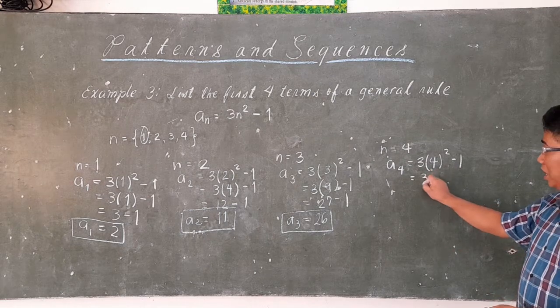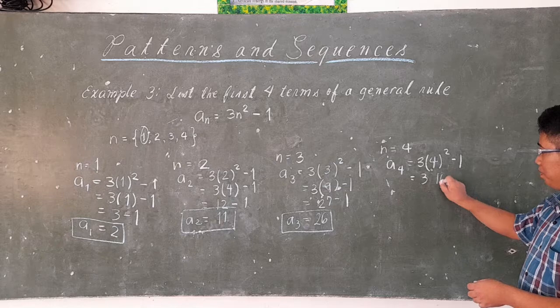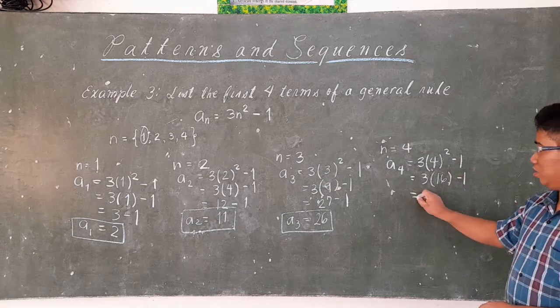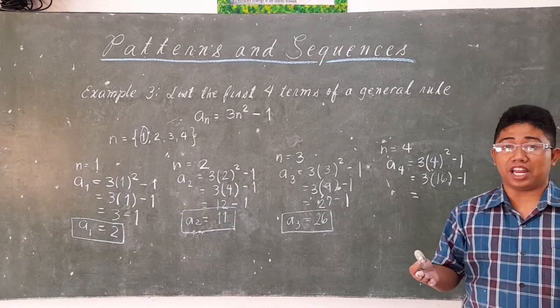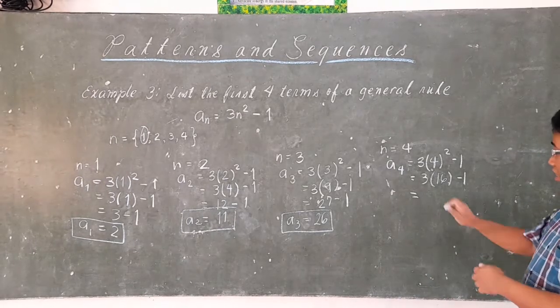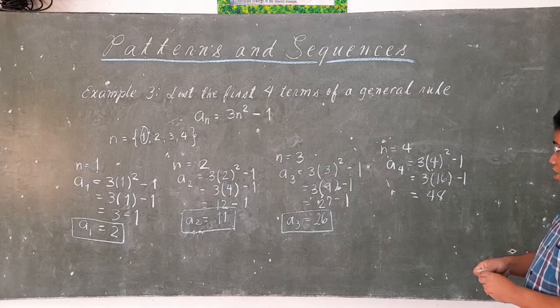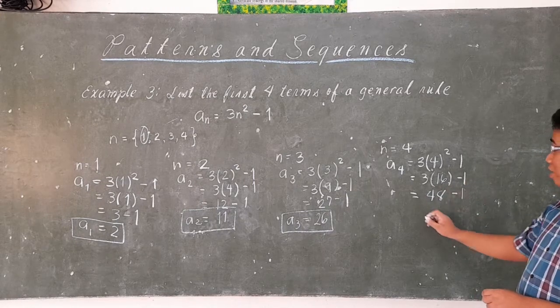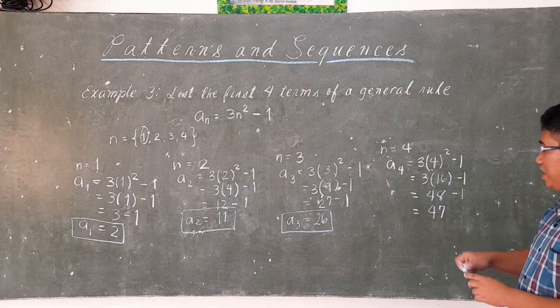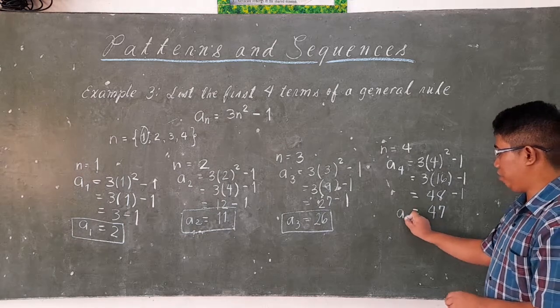So it becomes 3 times 16 subtracted by 1. So the product of 3 and 16 is 48. So 48 minus 1 would be 47. 47 is the fourth term.